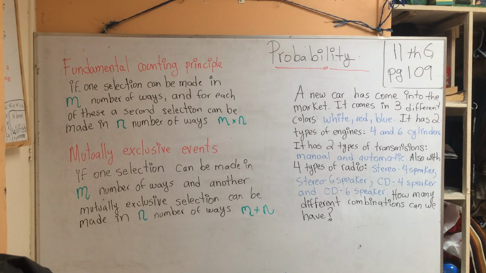Here we have the definition of the fundamental counting principle. It says if one selection can be made in m number of ways, m being a variable expressing how many ways an event can happen, and for each of these selections we have a second selection that can be made in n number of ways.